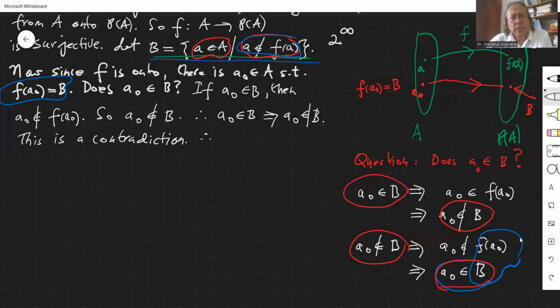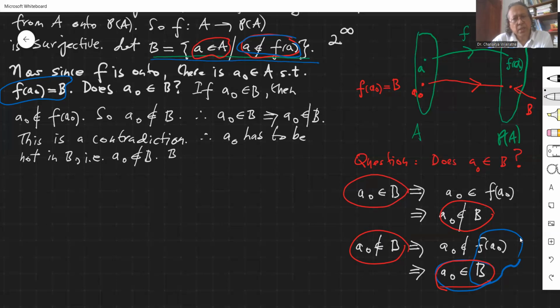Therefore, A naught has to be not in B. That is, A naught does not belong to B, right?